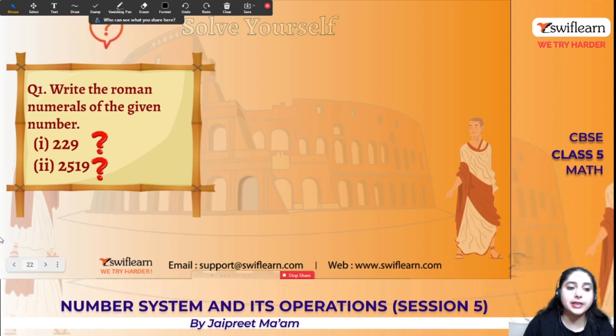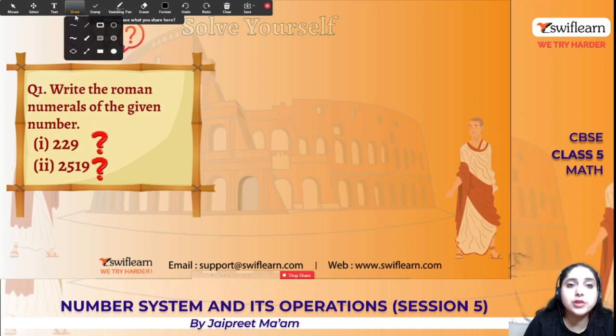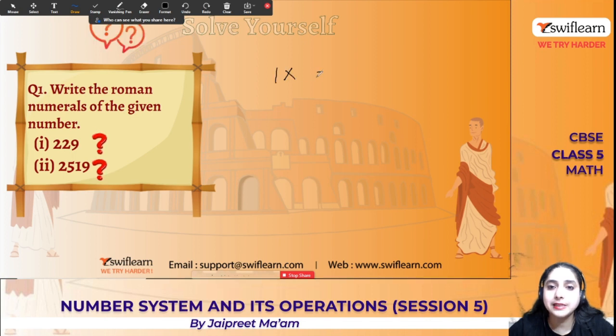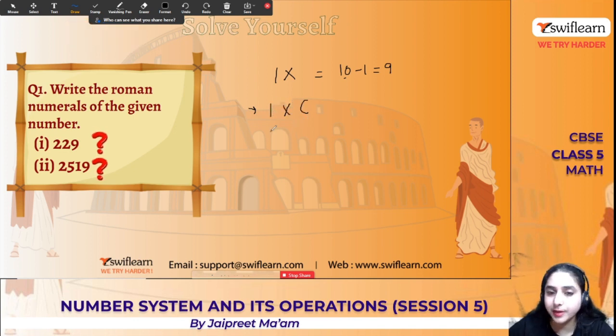Let's revise once. What were the rules? The first rule was that if a smaller value is written in front of a big value, for example IX, that means you have to subtract it: 10 minus 1, that is 9. What was the second rule? The second rule was that only I, X and C are used for subtraction.